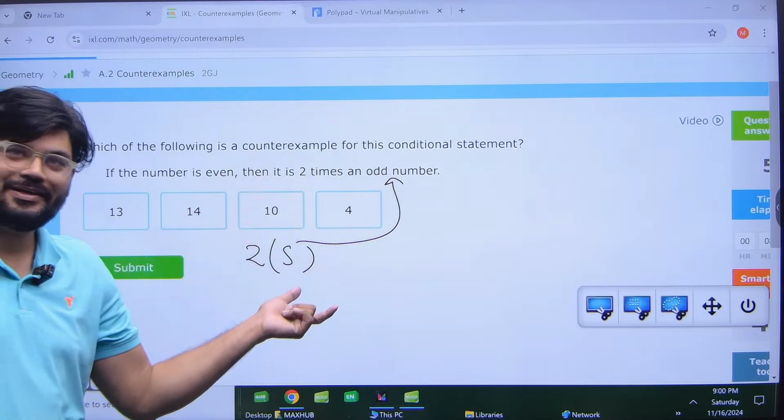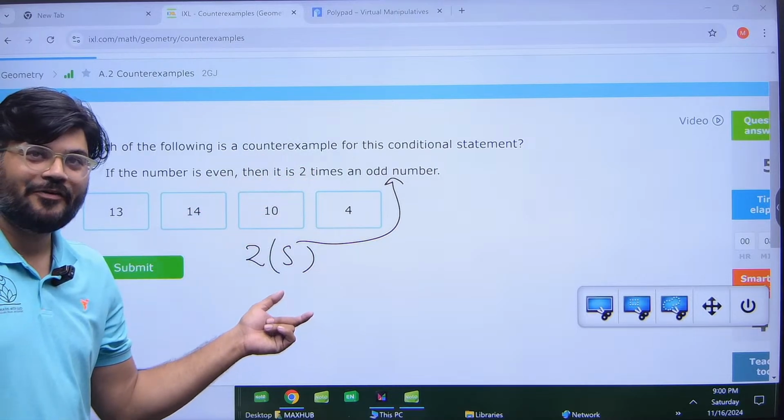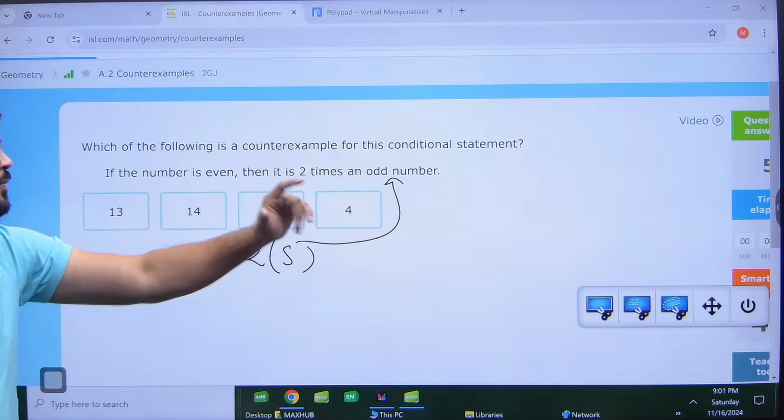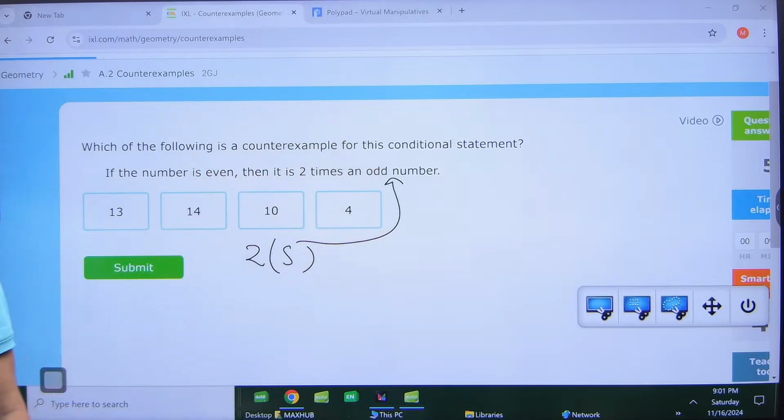It is correct only. You have to say the counterexample, which is not correct, which is not in relevance with this. You have to think of an even number which is not 2 times an odd number. Oh. Then 4. Wonderful. Now you got that. Understood now? Yeah.